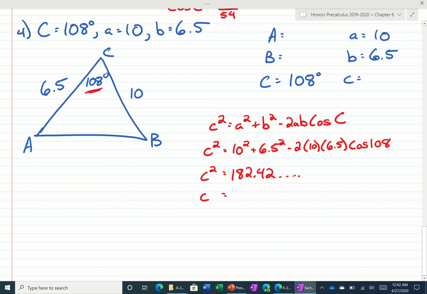We take the square root of that, and we get side C is 13.5.